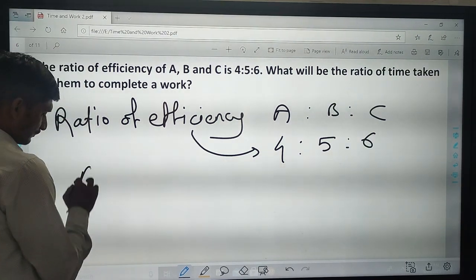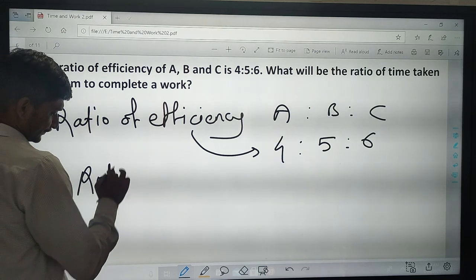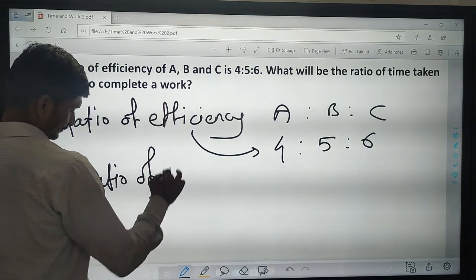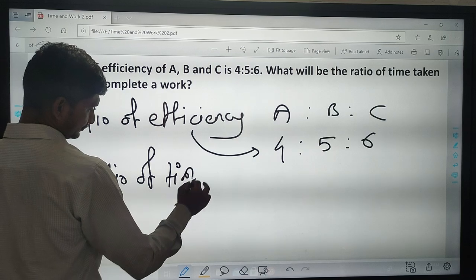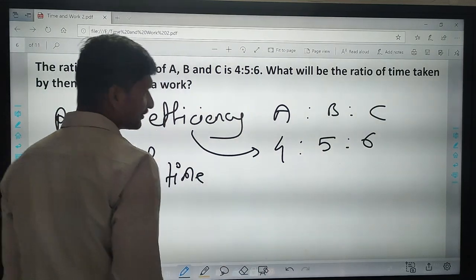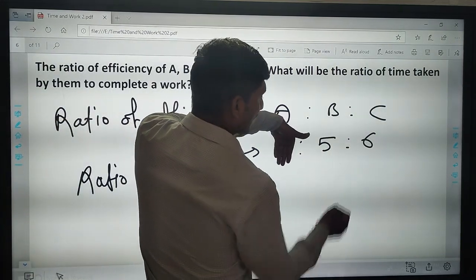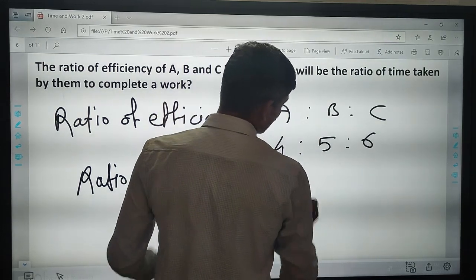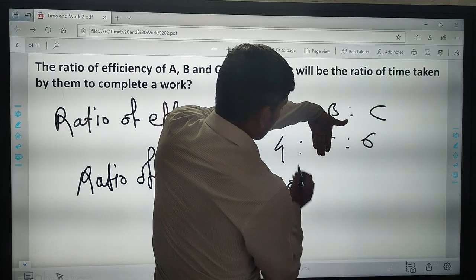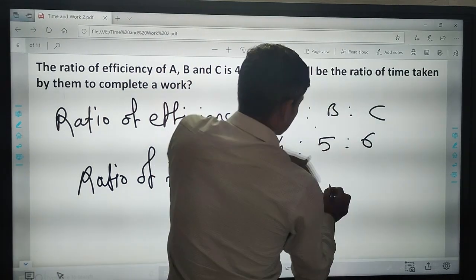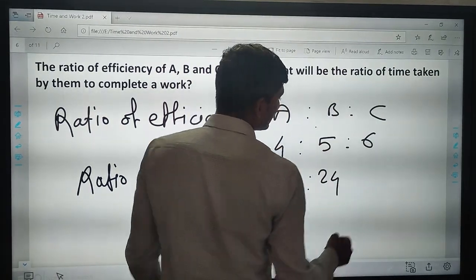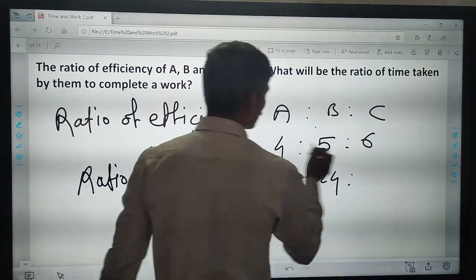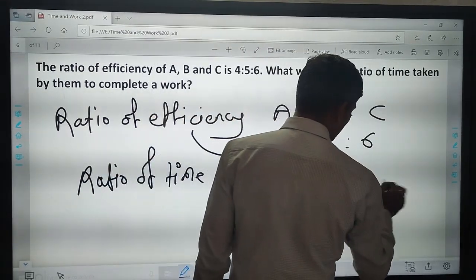Then the ratio of time is: we skip this and write the multiplication of these two, 5 times 6 is 30. We skip this, multiplication of these two, 6 times 4 is 24. We skip this, multiplication of these two, 5 times 4 is 20.